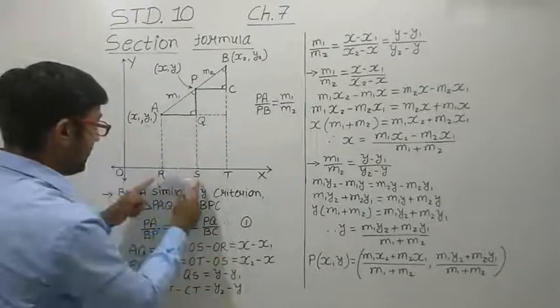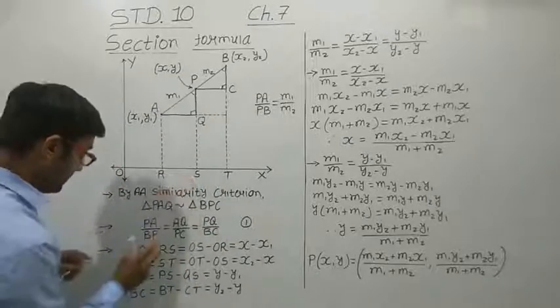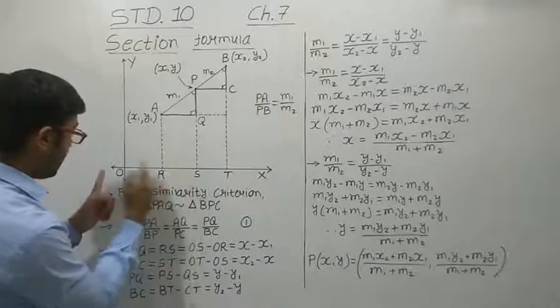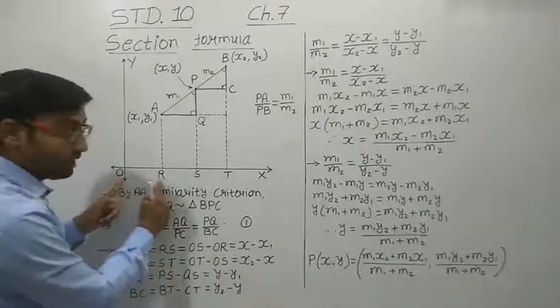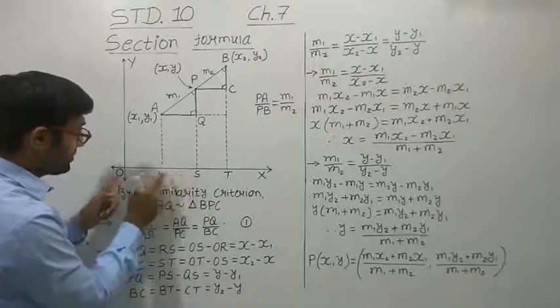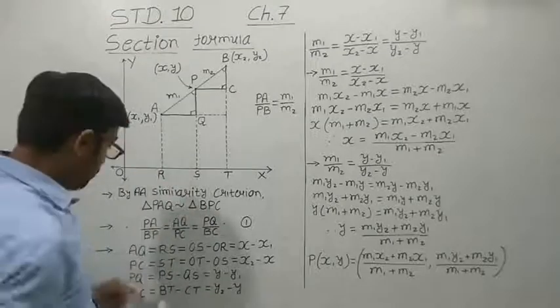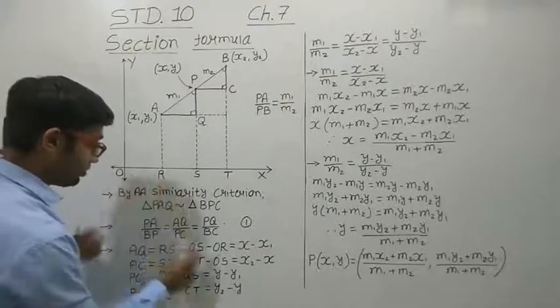So AQ and RS are equal length, so we have to find out RS. How can we find out RS? RS means OS minus OR. From OS, if we subtract OR, then what will remain? RS. So we can write down AQ is equal to RS is equal to OS minus OR.